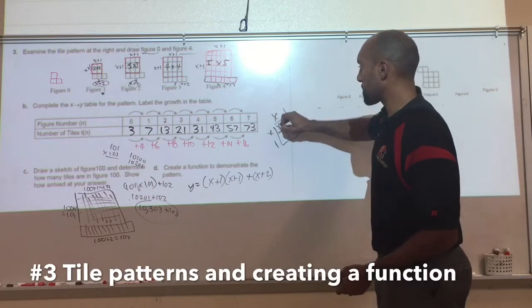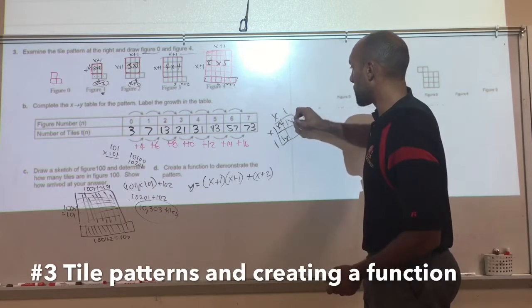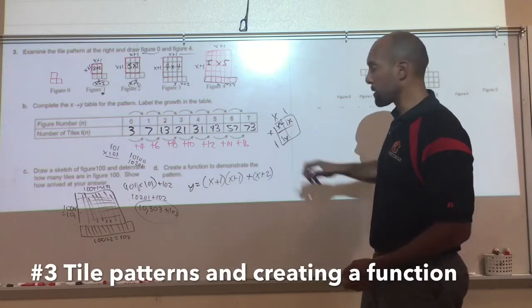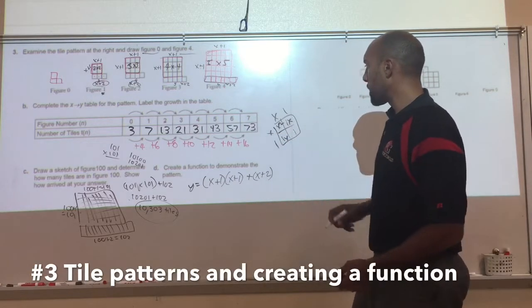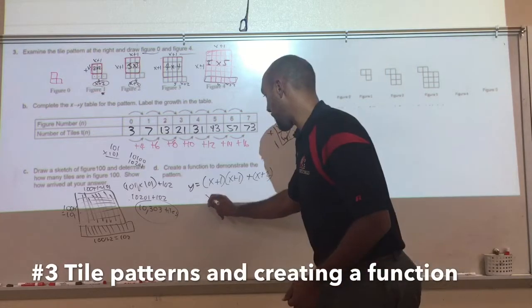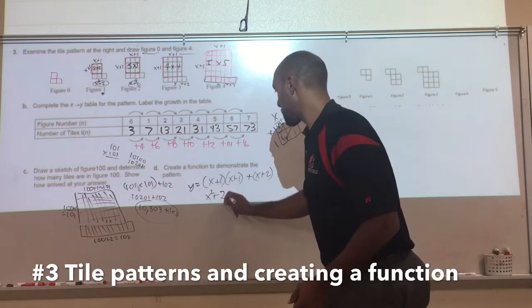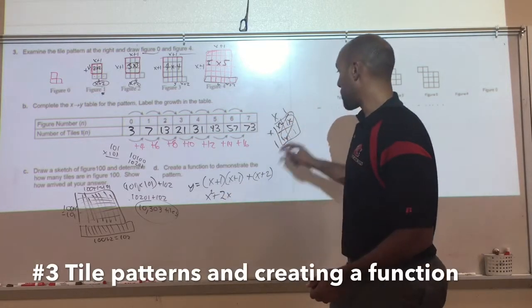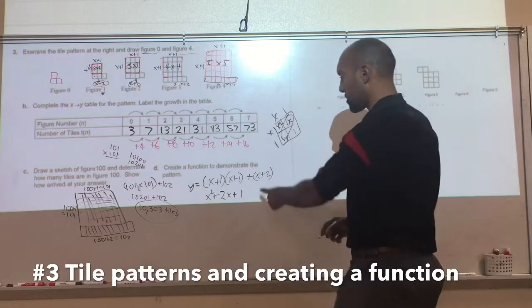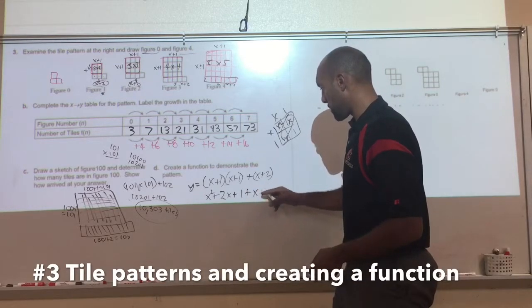Okay, so x times x is x squared, x times 1, 1x, 1 times x is 1x, 1 times 1 is 1. All right, and then remember, we add up those terms in the middle. So this will be x squared plus 1x plus 1x is 2x, and then plus 1. And I can just take these parentheses down and add x plus 2.